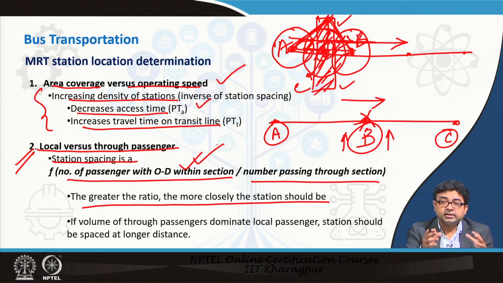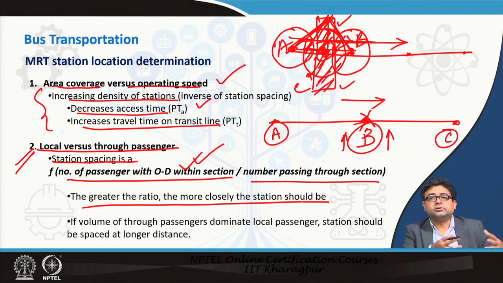So, in a CBD you will see the station spacing very close to each other, whereas if the ratio is the opposite, then you will have spacings which are far away from each other, which happens at a suburban location, for example. In suburban locations, the density is too low, and people usually do not want to board on and off at too many locations.